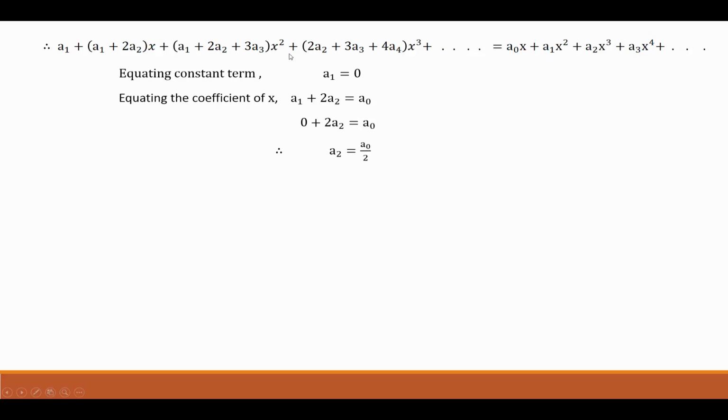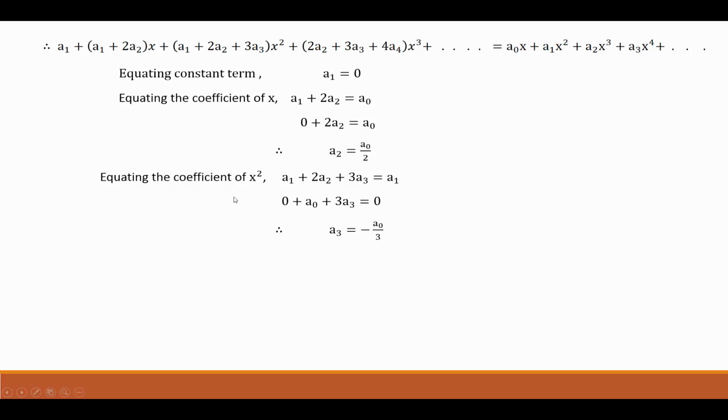Now equating the coefficient of x square: a1 plus 2a2 plus 3a3 equal to the coefficient of x square, which is a1. Put a1 is 0, so 2a2 is a0, a0 plus 3a3 equal to 0, so 3a3 equal to minus a0, so a3 equal to minus a0 upon 3. We get a1 is 0, a2 is a0 upon 2, a3 is minus a0 upon 3.